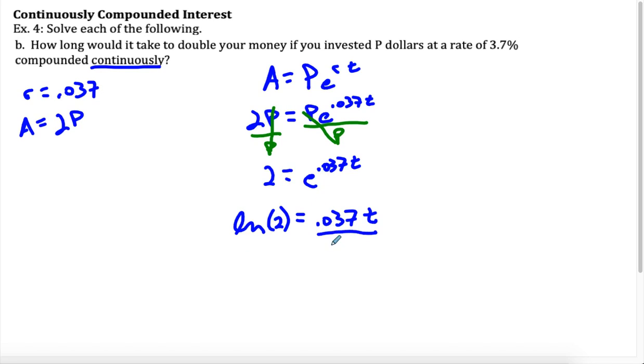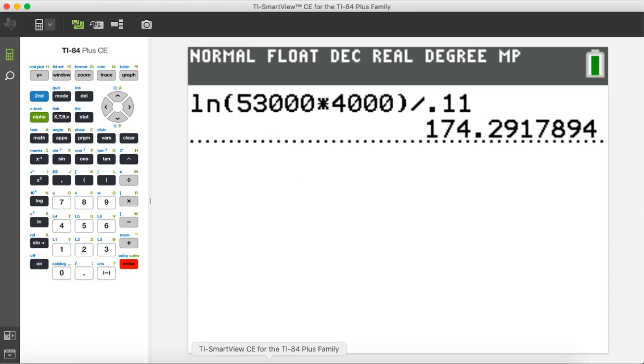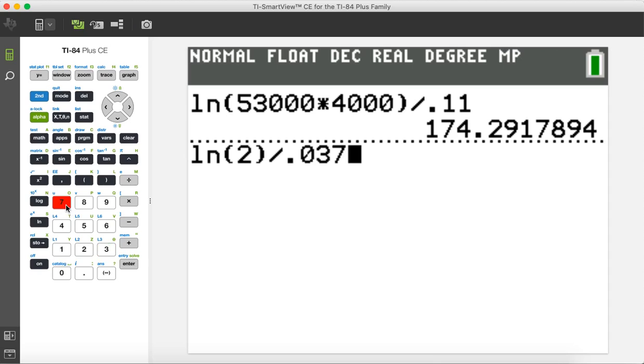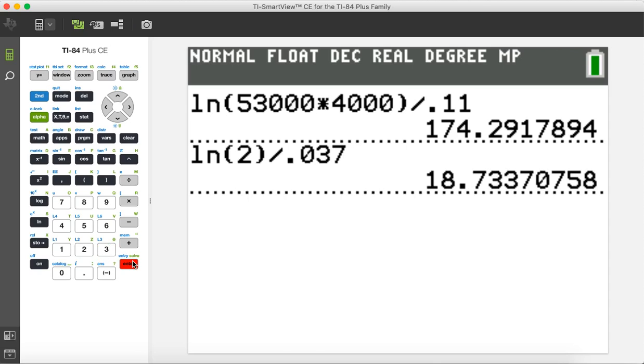Or we're thinking about taking the log of both sides. So now, again, the only thing I need to do is divide both sides by 0.037, and we can put that into the calculator. So natural log of 2 divided by 0.037, and I get 18.734.